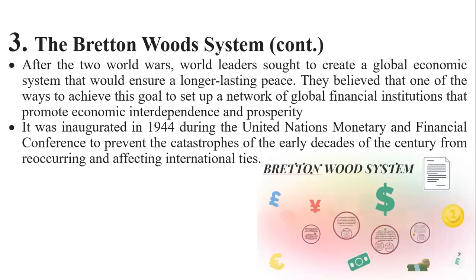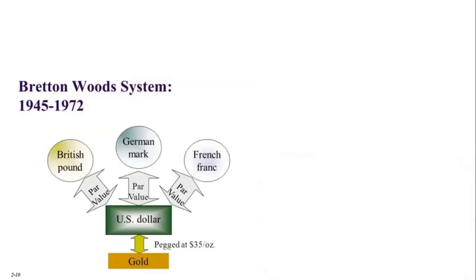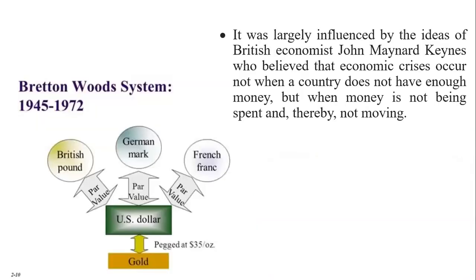Again, as I have mentioned, in the Bretton Woods system there is a currency arrangement happening. For example, the British pound has a par value, and also the German mark and the French franc, all tied to the US dollar, unlike in the past, when it was gold.